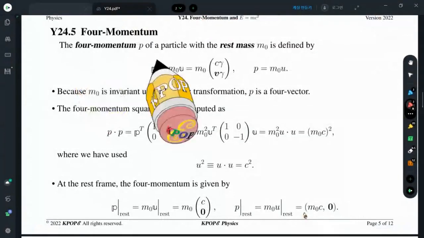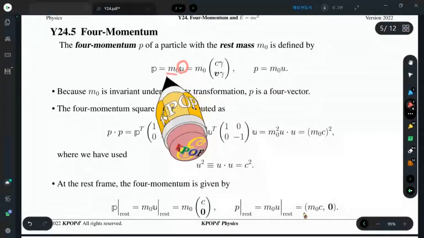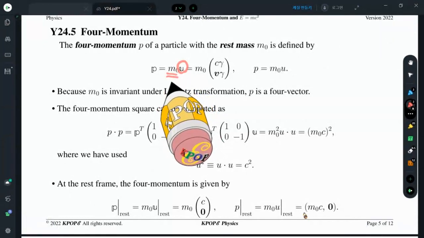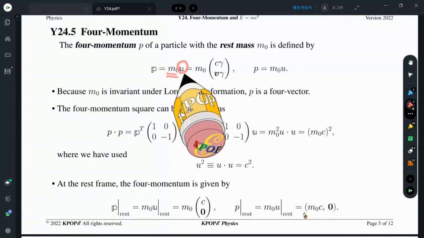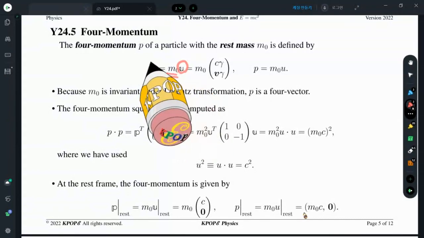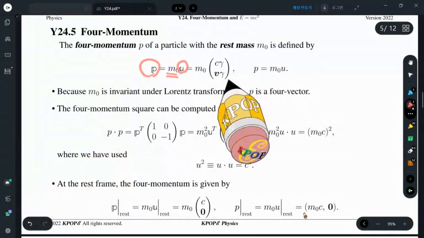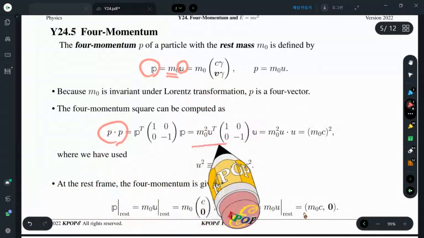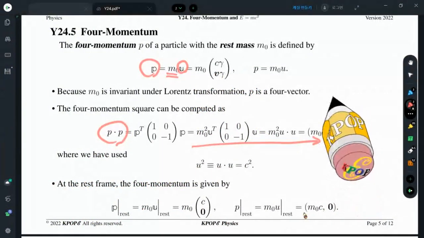For momentum, because we have constructed the four velocity, we multiply by mass. This mass must be Lorentz invariant. That is the rest mass. Rest mass multiplied by the four velocity is the four momentum. Why don't we square this? The square of this four momentum gives m0 c squared. Why?